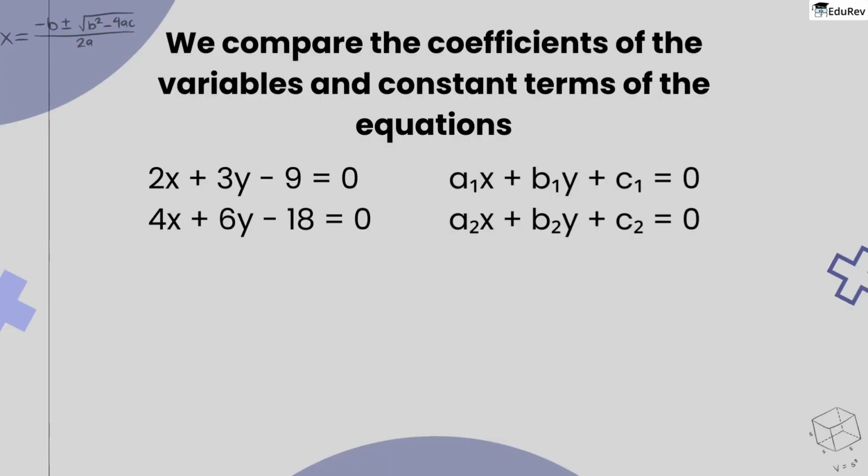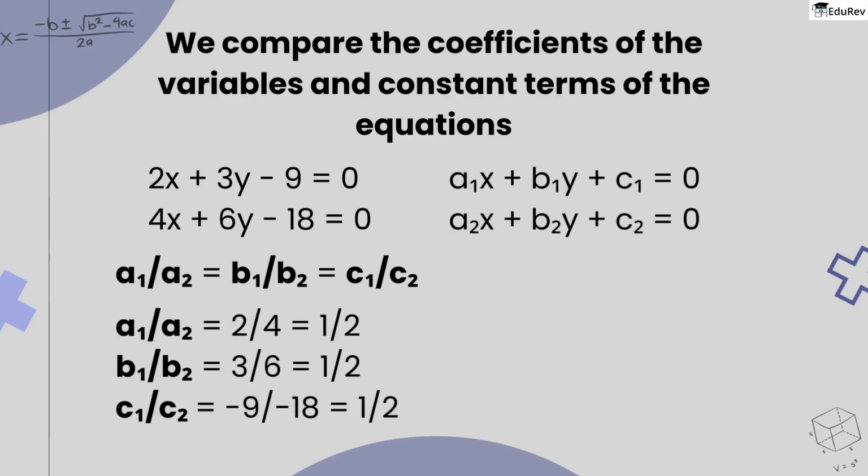Now we will compare the coefficients and constants of these two equations and see if they are equal. In this case, if a1 by a2 equals b1 by b2 equals c1 by c2, then we can say that the pair of linear equations are coincident or are dependent. a1 by a2 equals 2 by 4, which is equal to half. b1 by b2 equals 3 by 6, which is also equal to half.